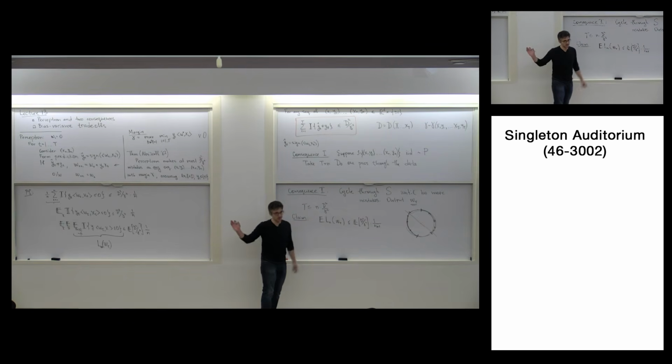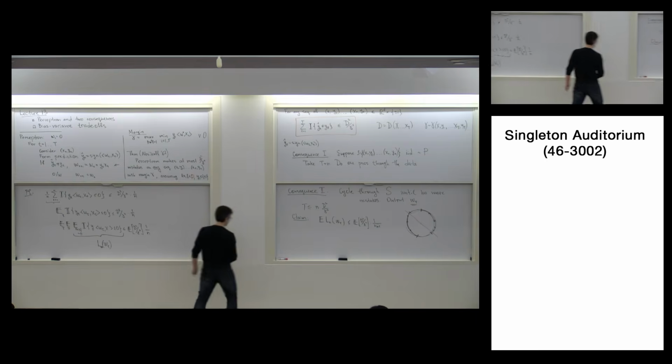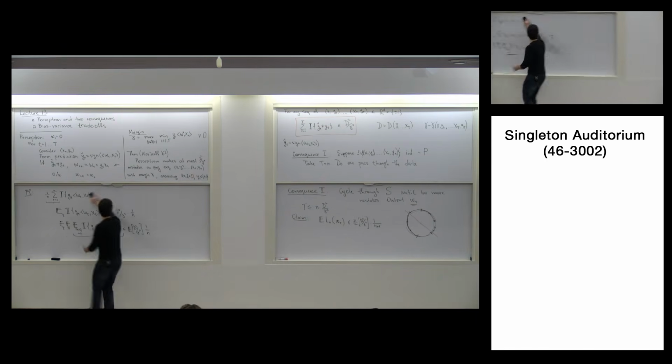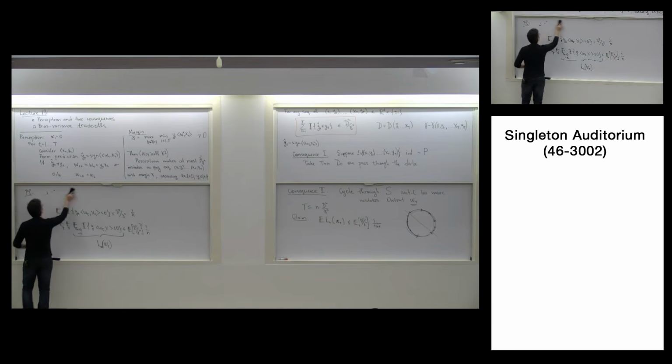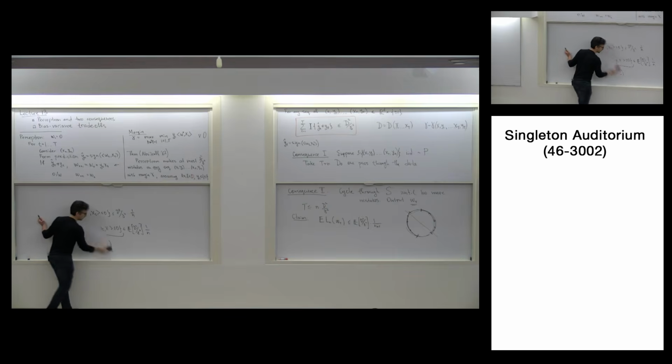So the bound is the same. +1 doesn't really matter, but the bound is the same. But this one will probably do better in practice. What we can prove is this result. Okay. So proof. This is going to be a little bit more cute and a little bit more tricky.